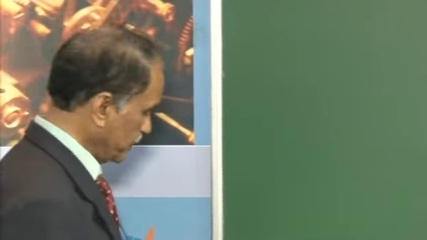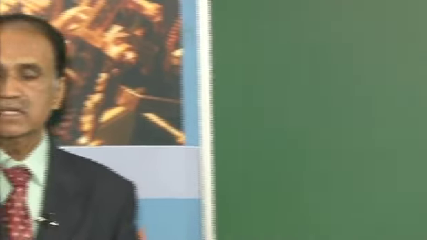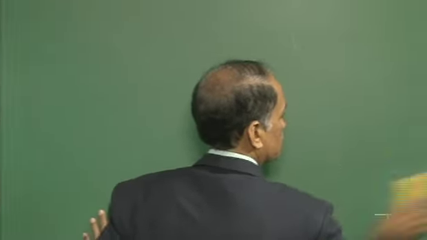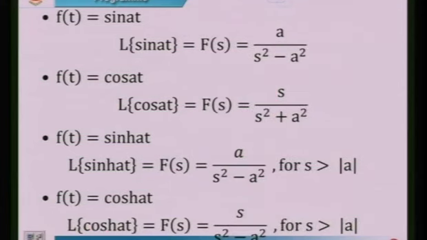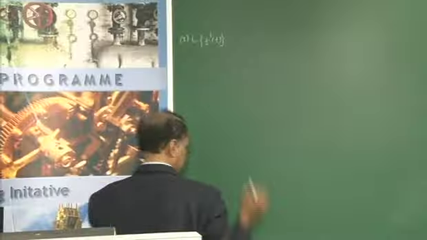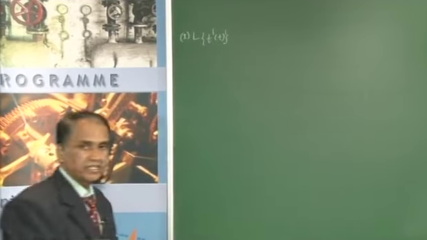Let me confine my discussion only to the differential equations using the Laplace transform operator. Let me see how this Laplace transform operator is going to be applied on the differential coefficients. The first order derivative, for example, the first result: L of f dash of t.